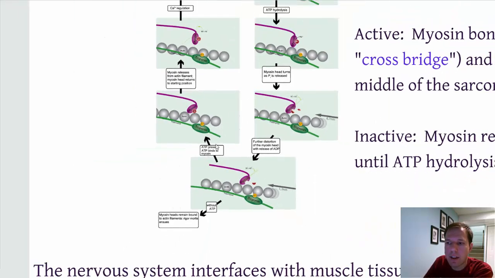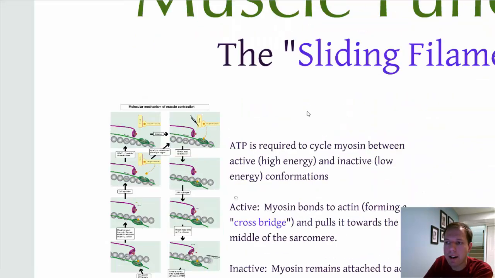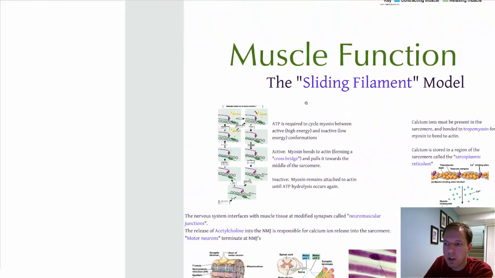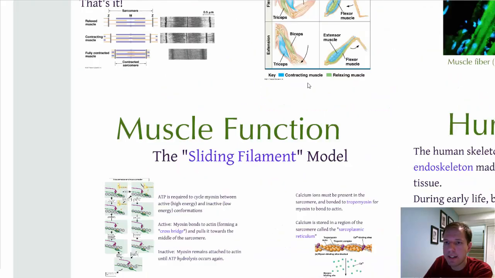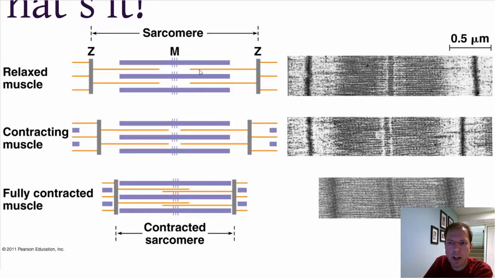Now, this is happening in two directions in every sarcomere, because if we go back to the image of what a sarcomere looks like, back in this image, here again the myosin is the thick filament represented in purple, and the actin is the thin filament represented in yellow.